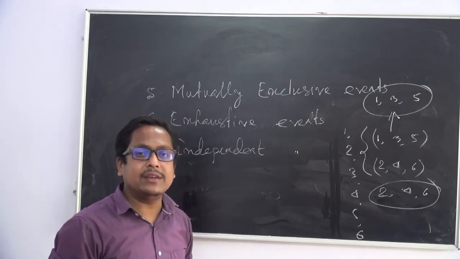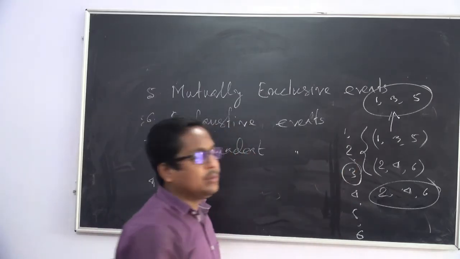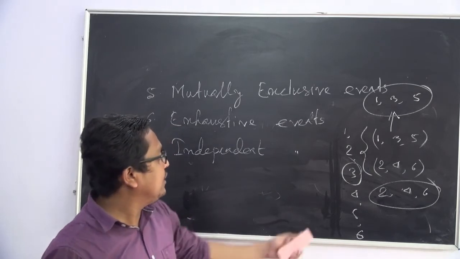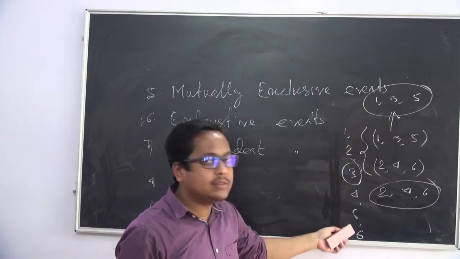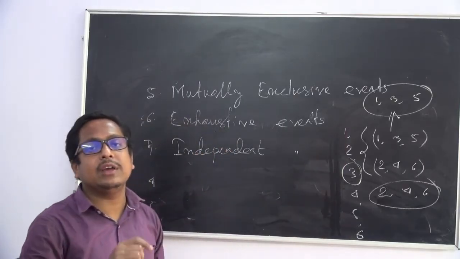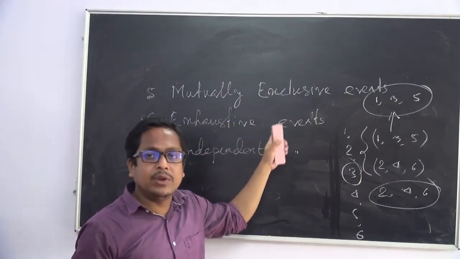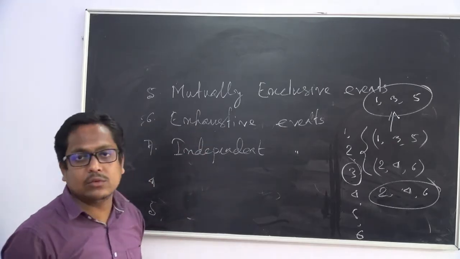Or if we throw a dice, suppose the outcome 3 is shown on the upper face of the dice, the occurrence of 3 precludes the occurrence of the other events. That means the occurrence of an event precludes the occurrence of the other one. This is known as mutually exclusive.